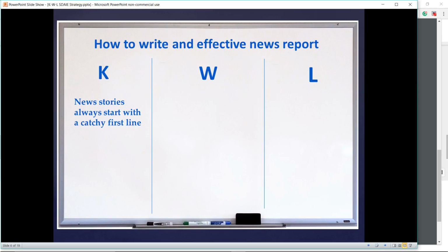Jay already knew that news stories always start with a catchy line. Can we get one more? Casey, go ahead. Okay, yes, that's right. News stories are not that long, are they? So class, make sure that you're writing these down in your KWL charts in your journal. Now that we have 2 examples, I would like you to write one down of your own.